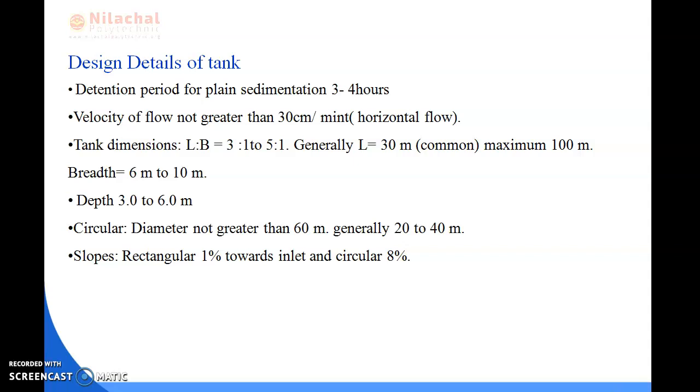Generally the length we can take as 30 meters and the breadth 6 to 10 meters. The depth of the tank is 3.0 to 6.0 meters. If it is circular, the diameter is not greater than 60 meters, generally between 20 to 40 meters. The slope for rectangular is 1% towards the inlet and for circular it is 8%. So these are all the design details of the tank.